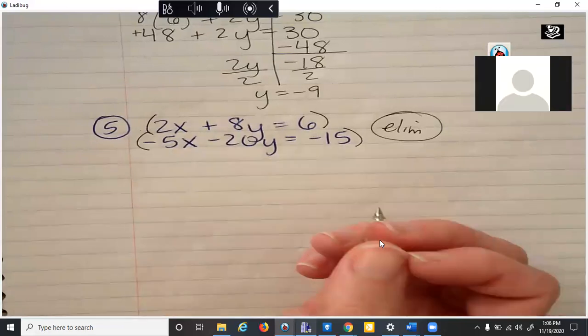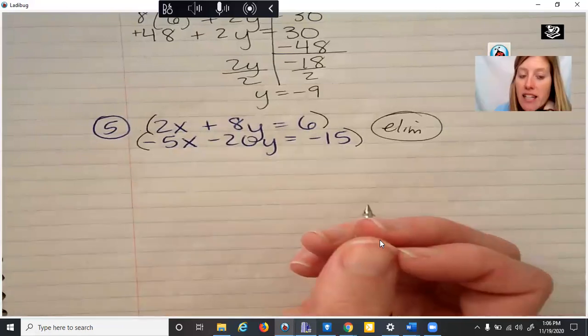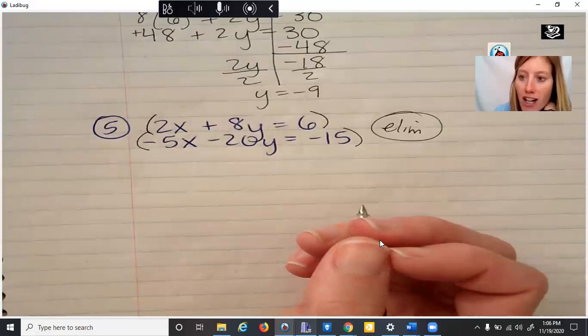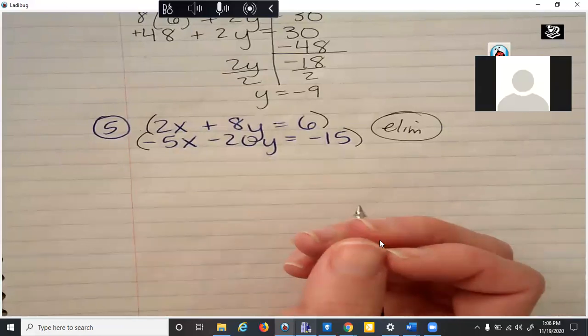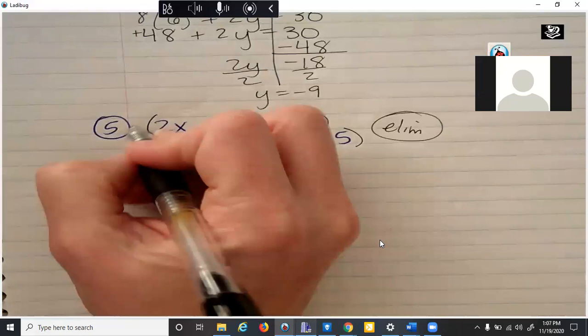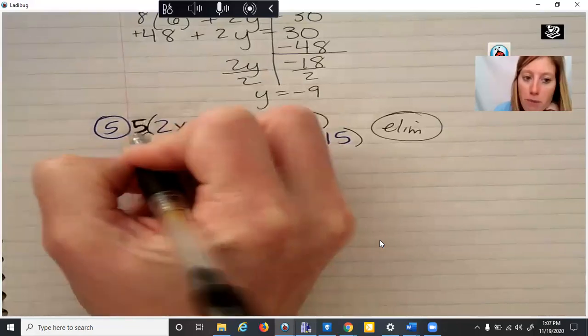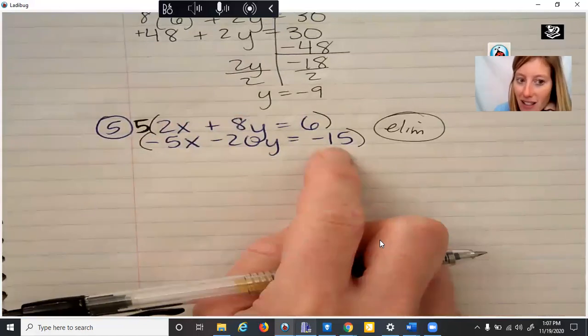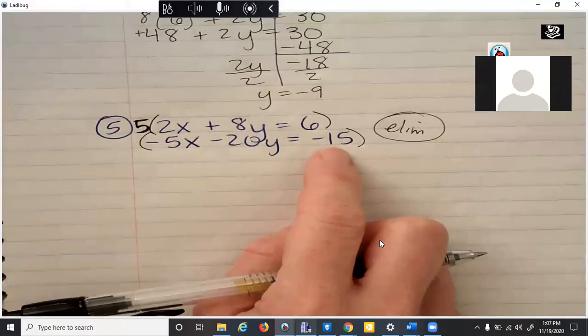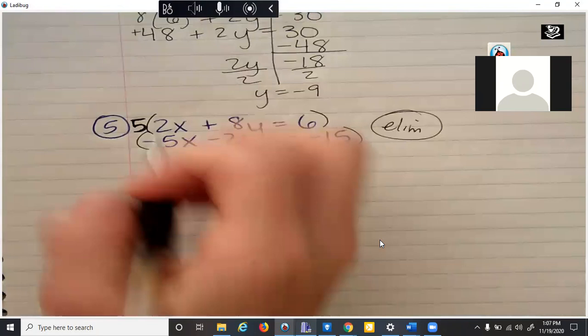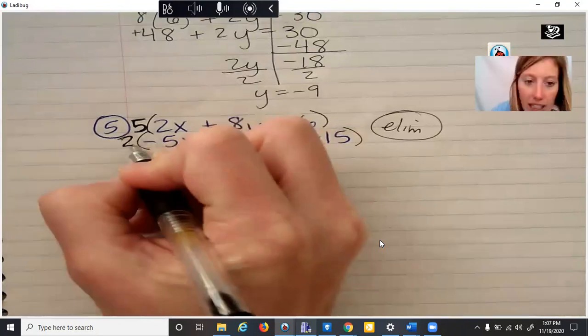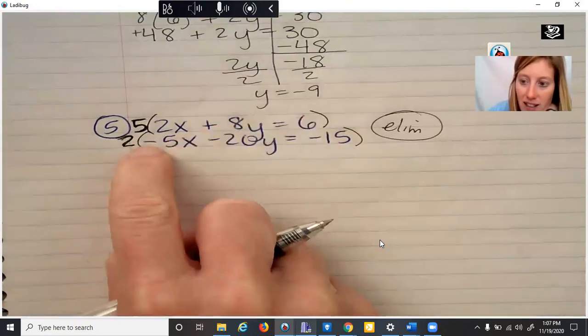-10. You could, but that's going to be harder. There's a smaller number. By 5. Very good, Brian. You can multiply this one by 5. What do you think you would multiply the bottom one by? 2. Very good. Well, look, this one's already negative right there.